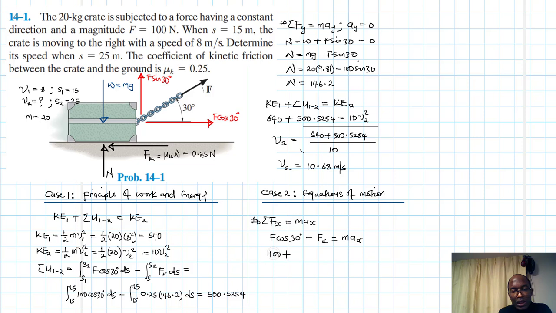And this is just 100 cos 30 minus 0.25 by 146.2 equal to 20 by ax.